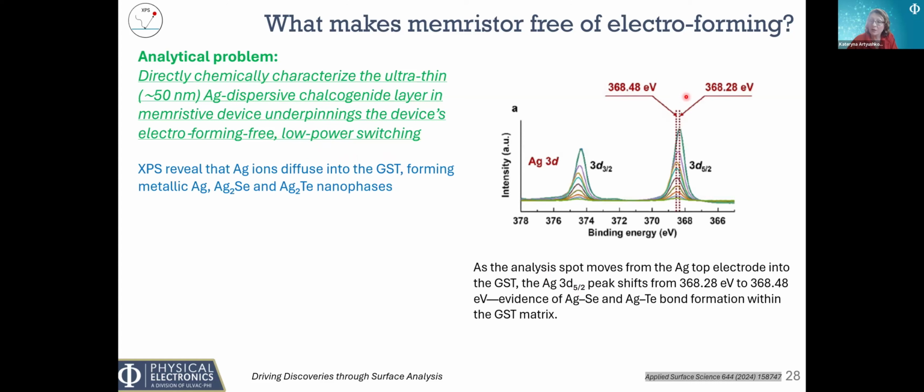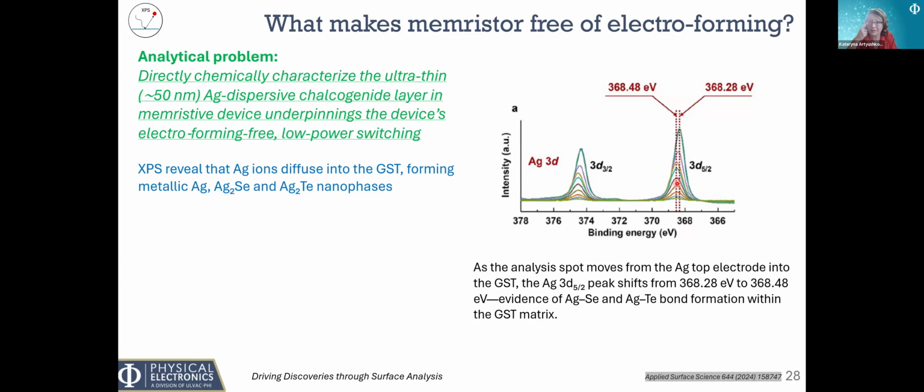And what scientists have done with XPS, they followed from the top of the electrode down to the inside of the GST layer. They followed the silver 3d spectrum. And we can see that there is a small shift from the top of the silver electrode, which is metallic, to within the GST layer. And this chemical shift is due to bond formation.